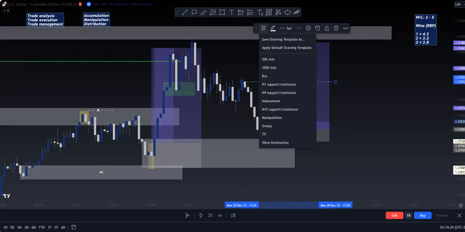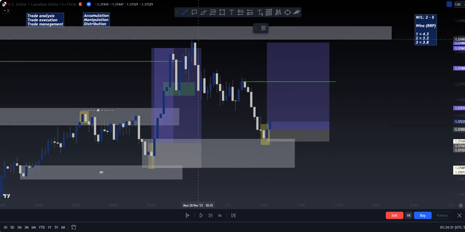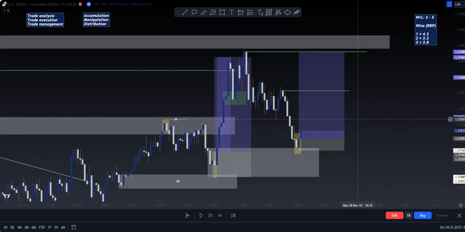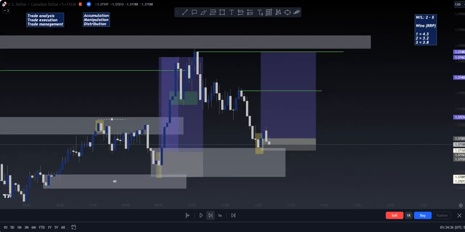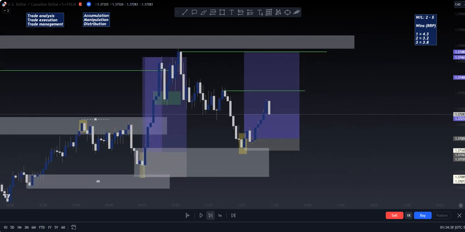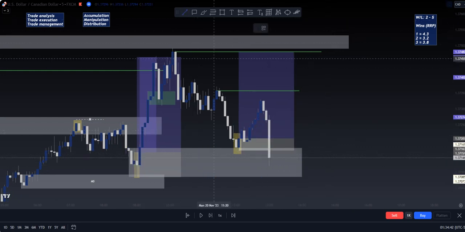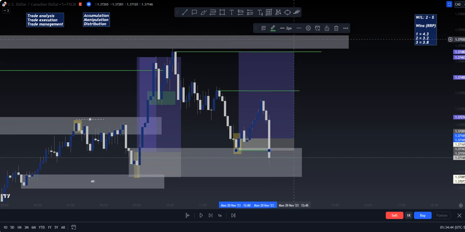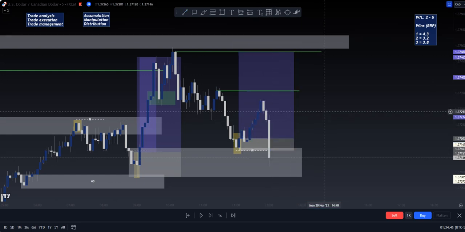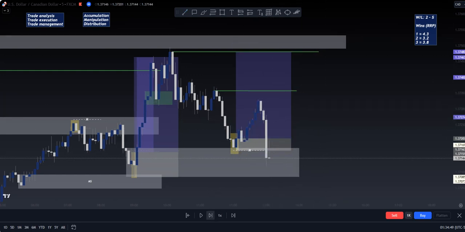First take profit area. Second take profit area. Look at that. Good. Oh, there's the manipulation. This is why you wait for manipulation, guys. But let's see if we get another confirmation.